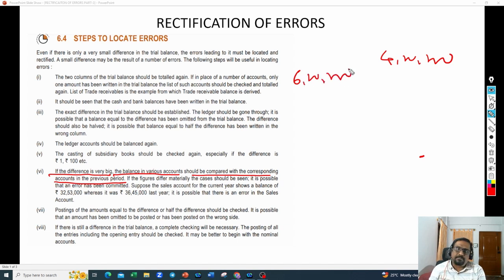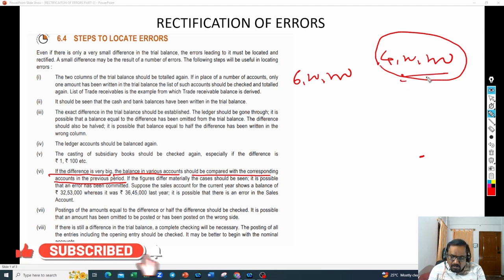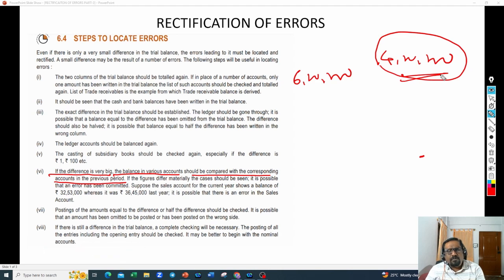I'm just taking an example. Now there is a difference in trial balance, but I need to see the bigger value. The bigger value is the sales value. Current month, how much sales value have I shown? 4 lakhs. Let me check what the sales figure was in the previous month. 6 lakhs. Oh my God. How come there is a 2 lakhs difference when I compare sales with the previous year or previous month or previous period? There could be some mistake here.